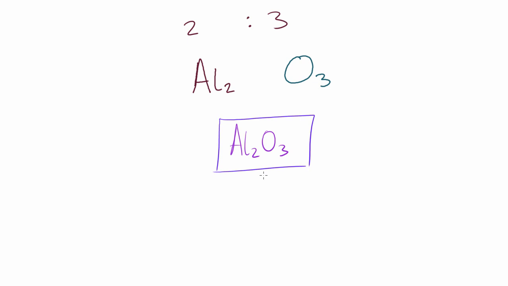Now, this particular compound, although this is an empirical formula, if you look at it from a molecular formula perspective, actually this is a very important compound, right? So this is aluminum oxide, right? The other name that is given is alumina, right? And this is quite key in the production of aluminium, right?